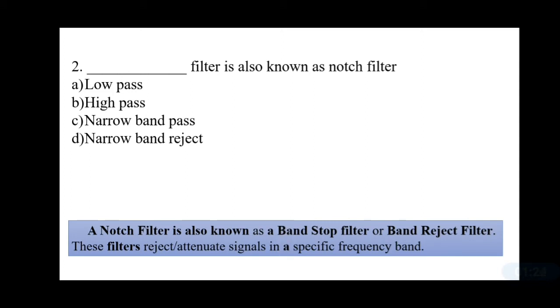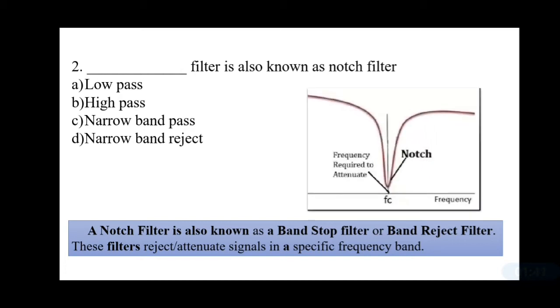A notch filter is also known as band stop filter or band reject filter. In a notch filter, a cutoff frequency or specific frequency is rejected and frequencies above and below are passed. The correct option is D.